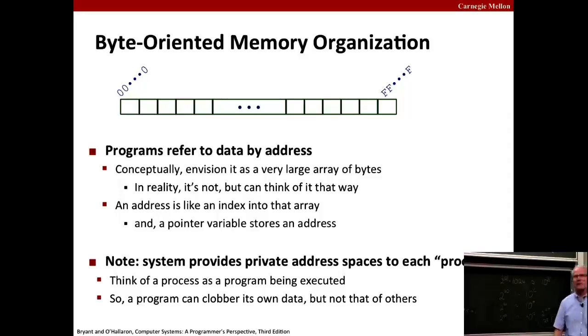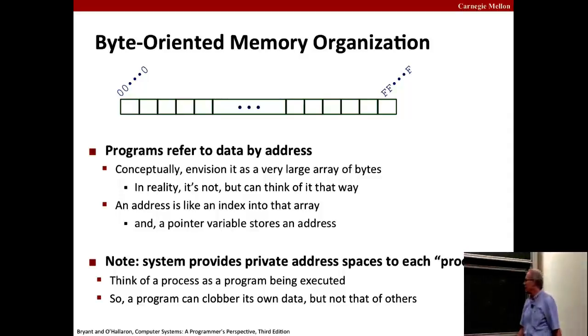You can buy disk drives, a couple of disk drives will do that for you, but you couldn't buy enough DRAM on a normal budget to get that kind of memory. So that's the current range of values. But logically, when you run a program, it thinks that it has that possible range.